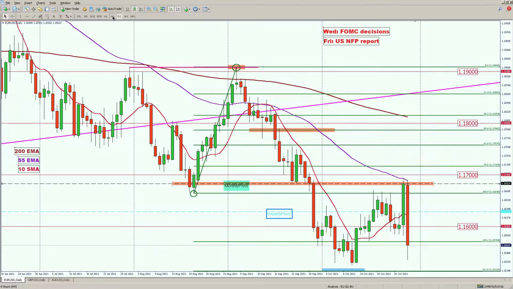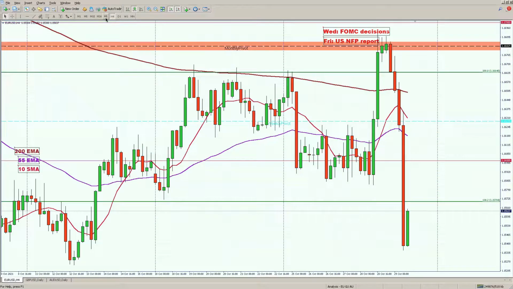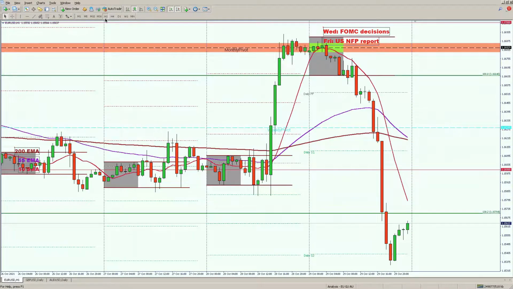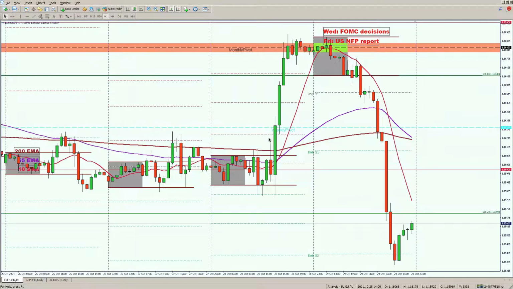Let's go down to the 4-hour time frame and even the 1-hour time frame, where this was the bullish move after the ECB decisions, where they could consider tapering, and it started to push up higher all the way to test the monthly pivot.